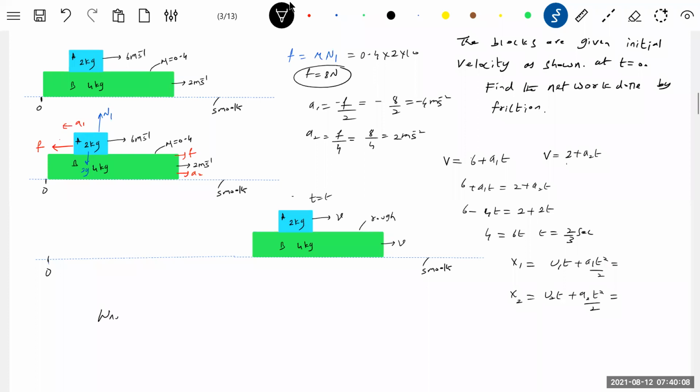Net work done by friction: it does negative work on block A and positive work on block B. Anybody, value of x1, x2?